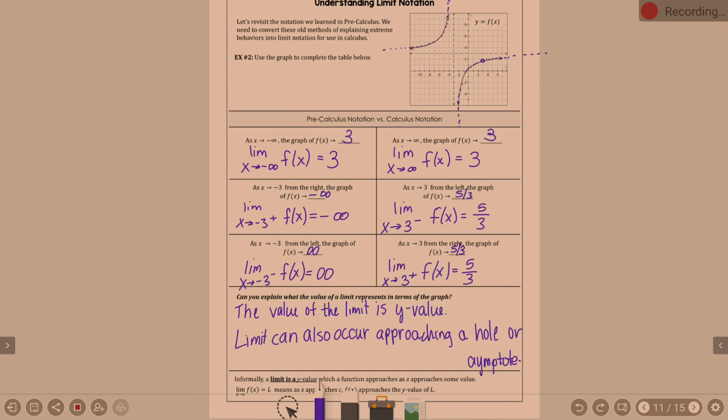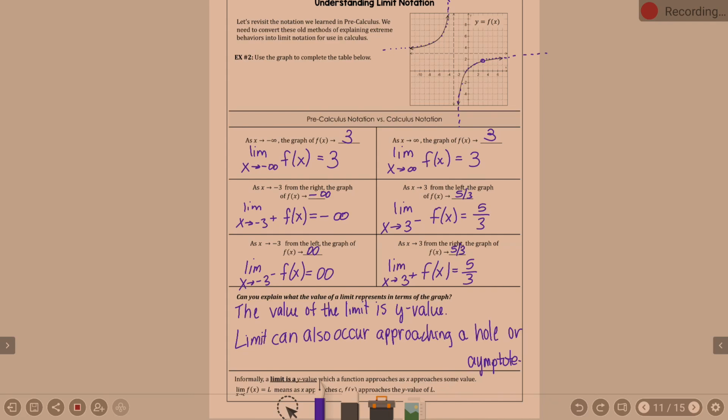Okay, down there at the bottom before we turn to the next page. Informally, a limit is a y value. That's what we just talked about, which a function approaches as x approaches some value.